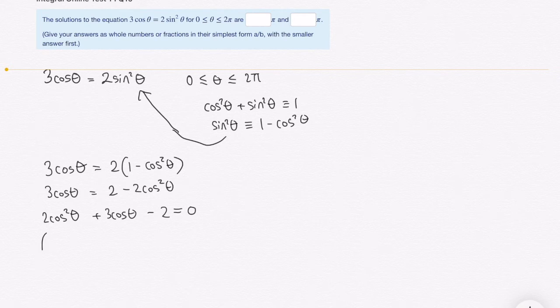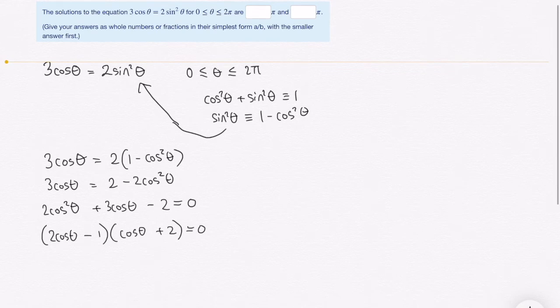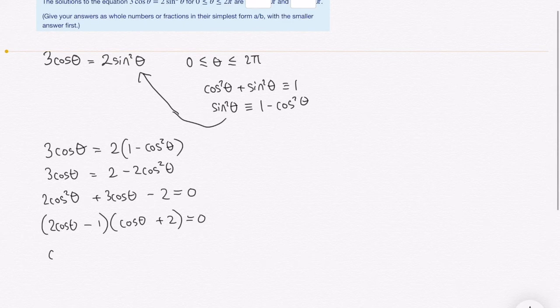And this actually factorizes to be 2 cosine theta subtract 1, cosine theta add 2 is equal to 0. So either we have cosine theta equals a half, or we have cosine theta equals negative 2.